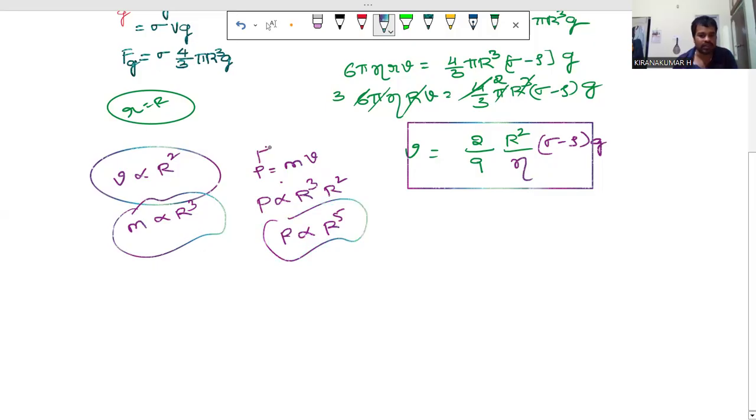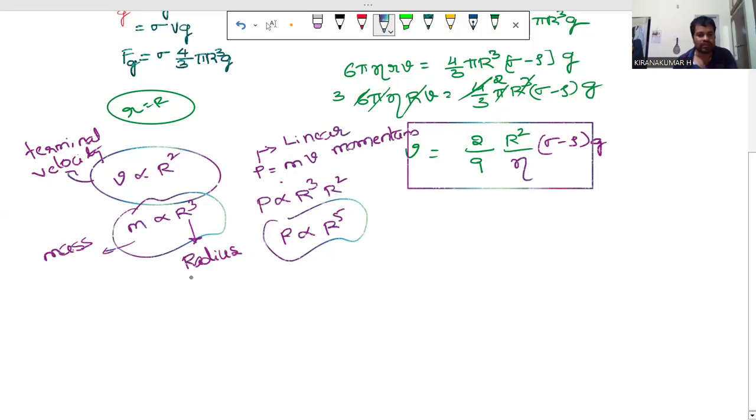This p stands for linear momentum, and v is what we call terminal velocity. R is the radius of the body.